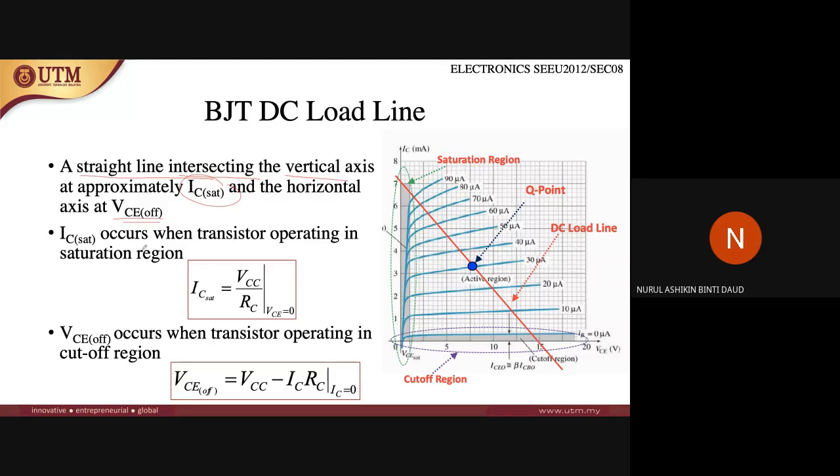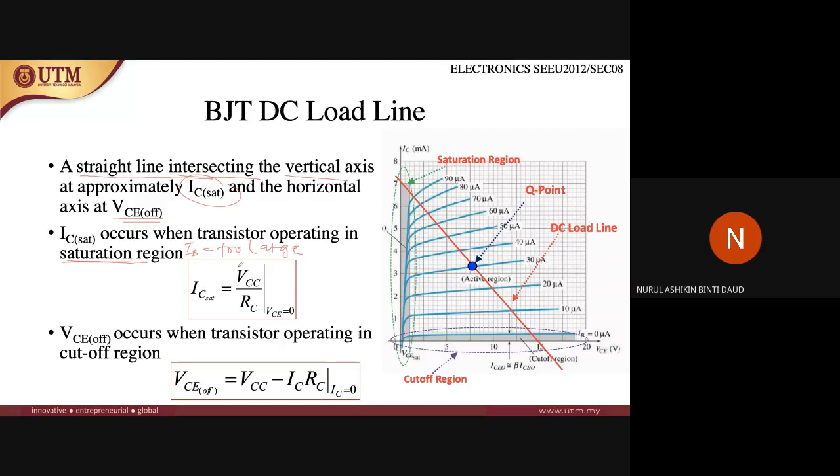So IC saturation occurs when the transistor is operating in the saturation region, when the IB is too large. So it means that the transistor is now operating inside the saturation region. How to calculate the point of IC saturation?